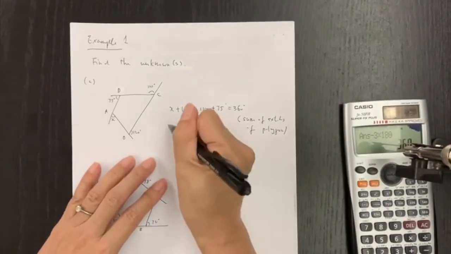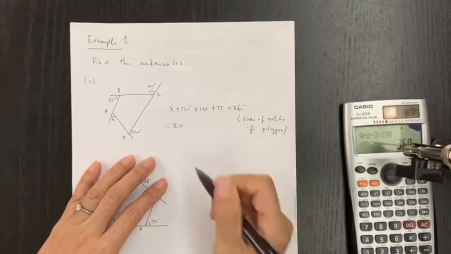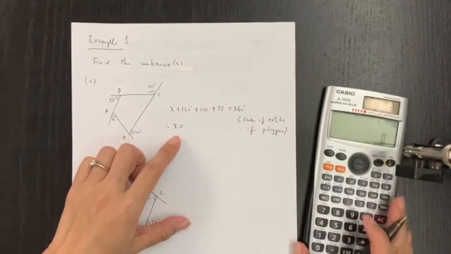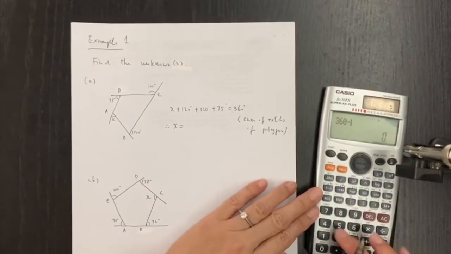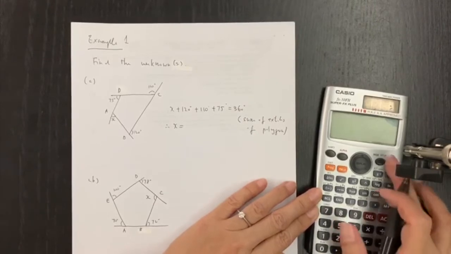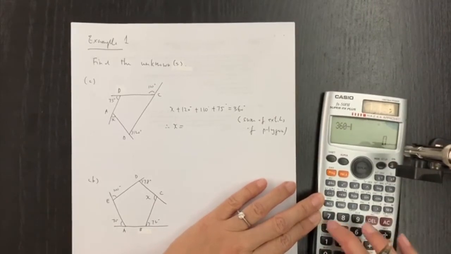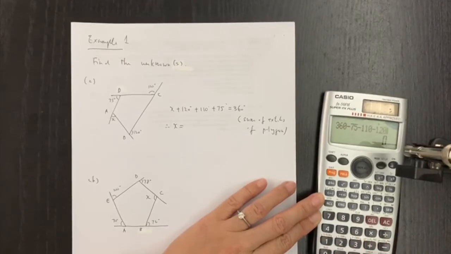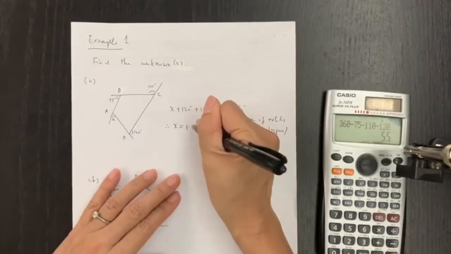Okay, right, I change subject to X and find the unknown X. So 360 minus 75 minus 110 minus 120, so that is 55.